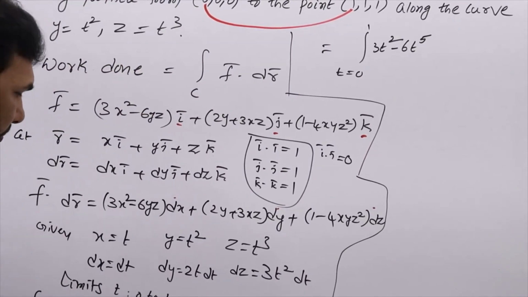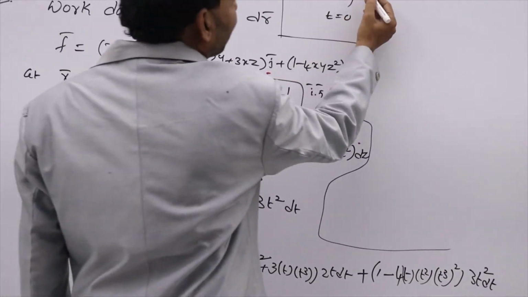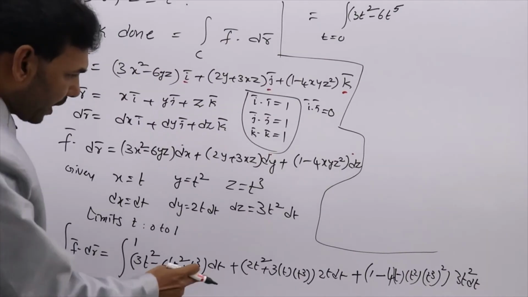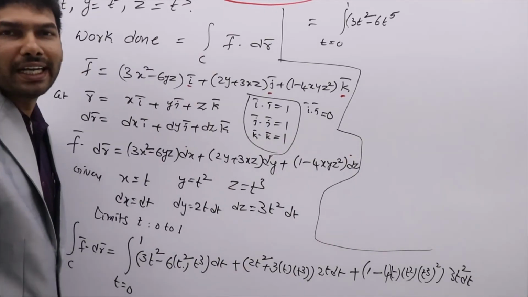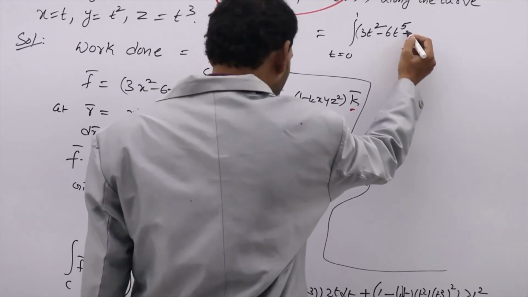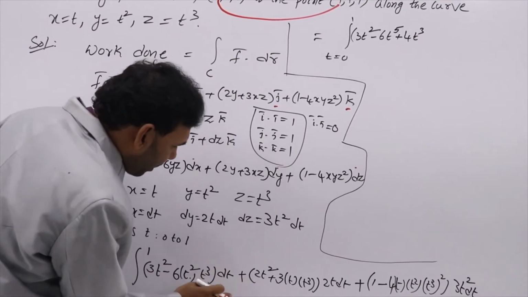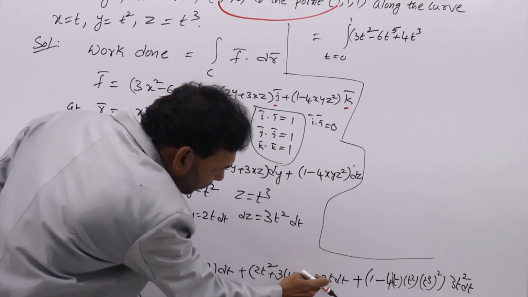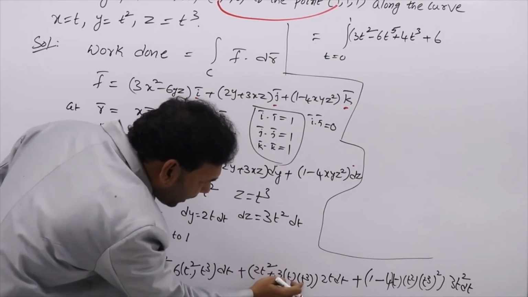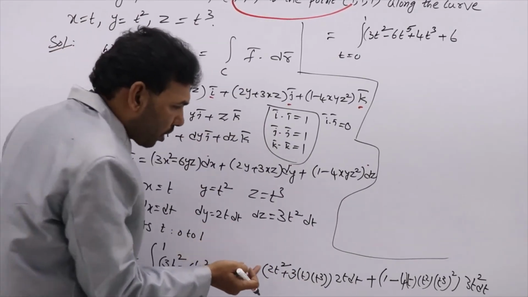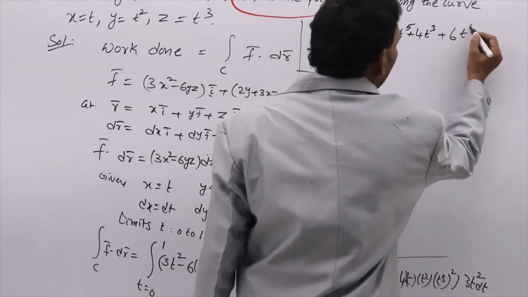Coming to the next one, 2 2s are 4, t square into t, t cube: 4t cube. Next one, 3 2s are 6, t into t cube, t power 4 into t, t power 5.